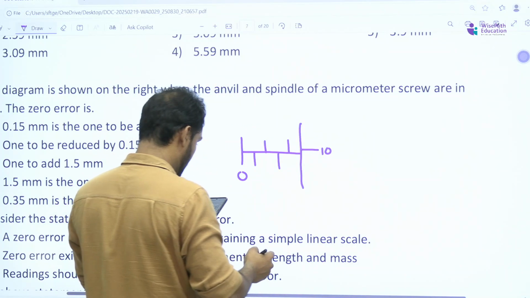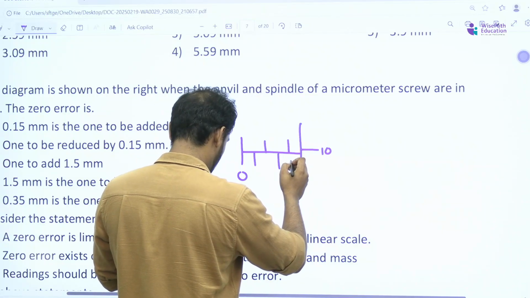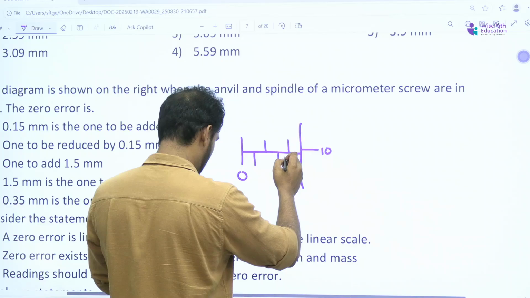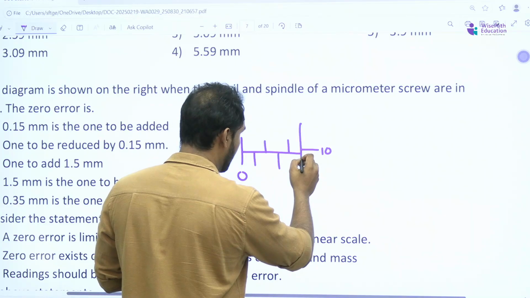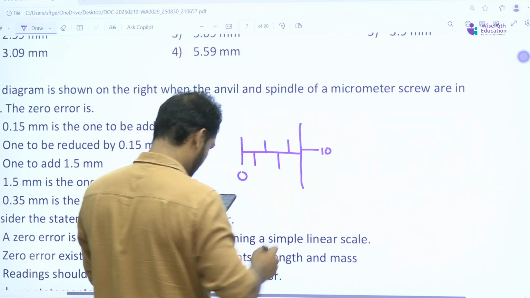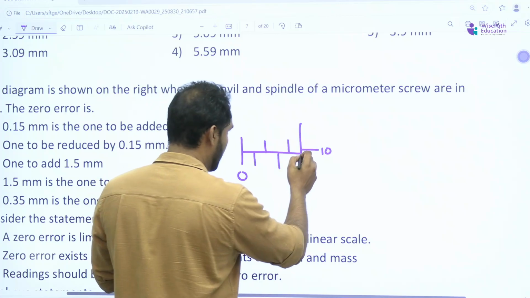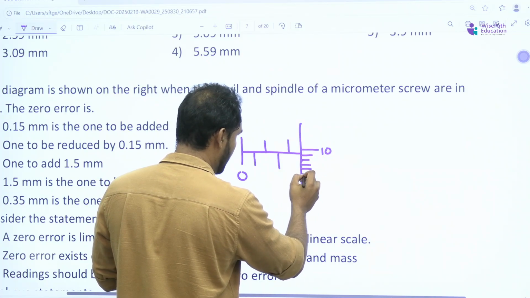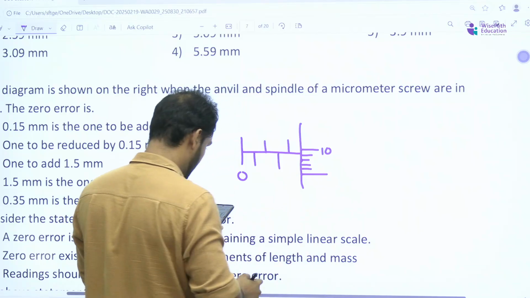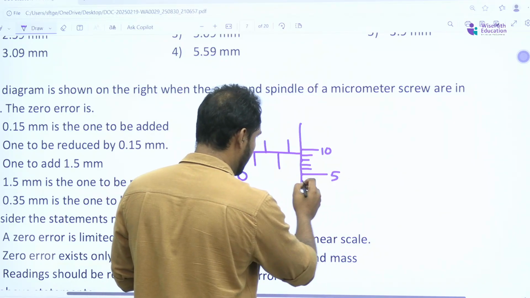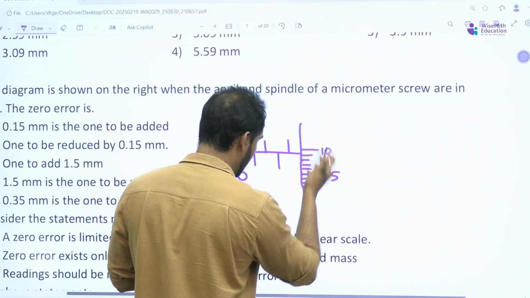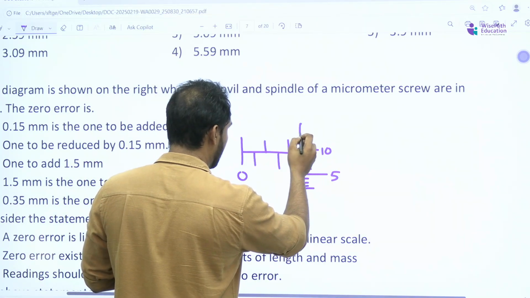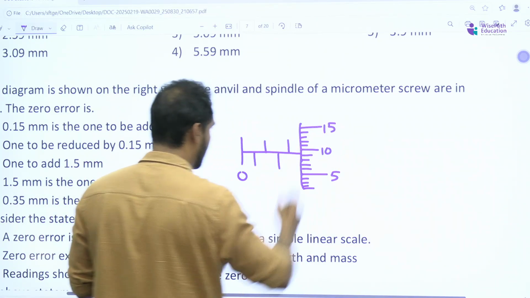And this that is 10. 1, 2, 3, 4, 5. Yeah, this line has a line. 1, 2, 3, 4, 5. Okay. That is 5 and 1, 2, 3, 4 likewise are there. 1, 2, 3, 4, 15 is also there.